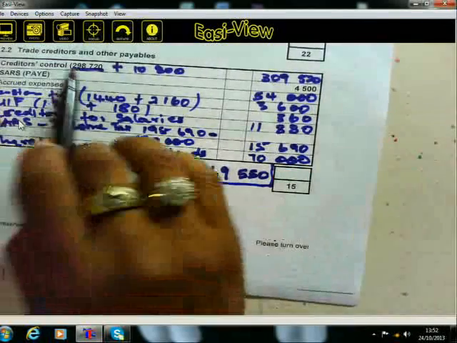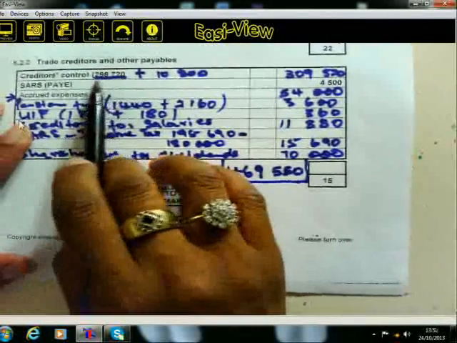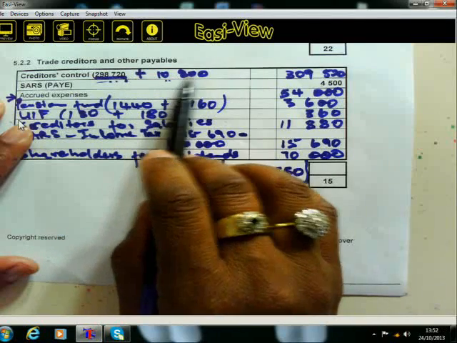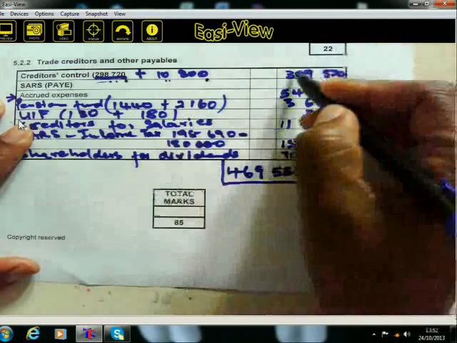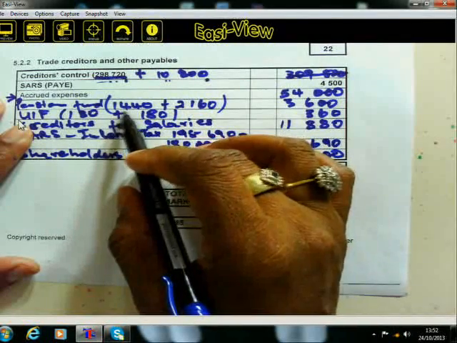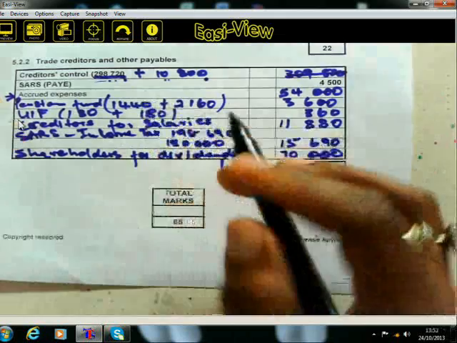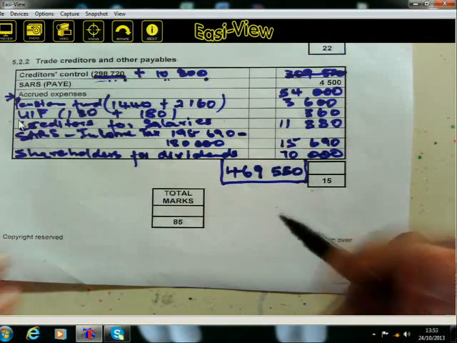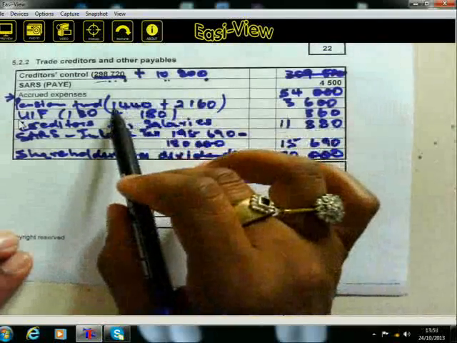You just say 298,720 plus 10,800, because this is the total for it, plus 1,440. Here we are trying now to collect marks for the part marks. So you may say 1,000.